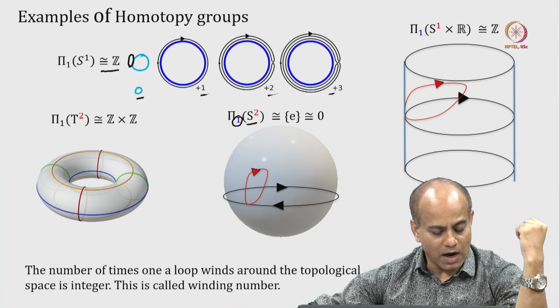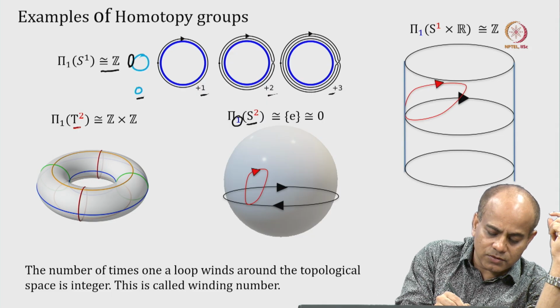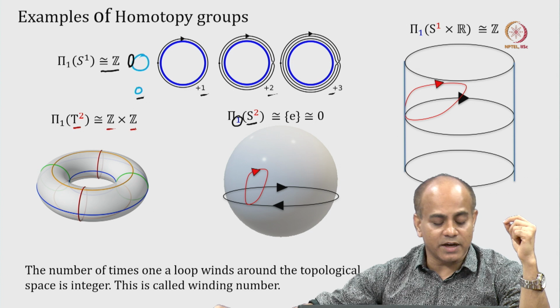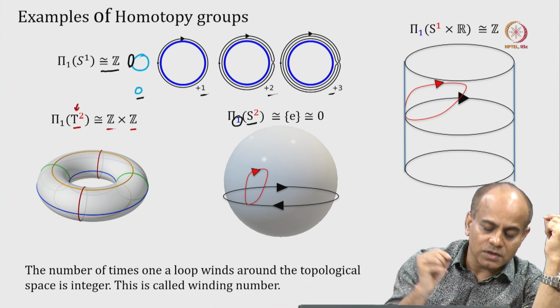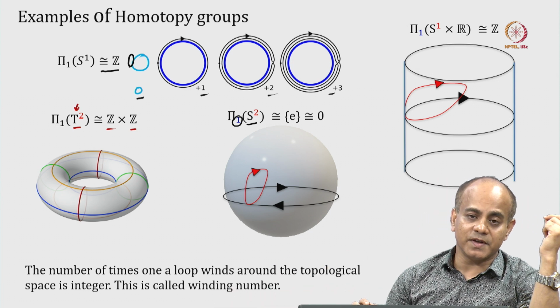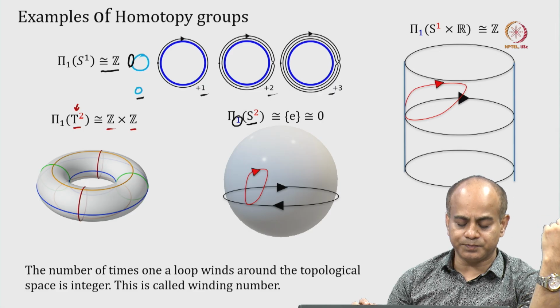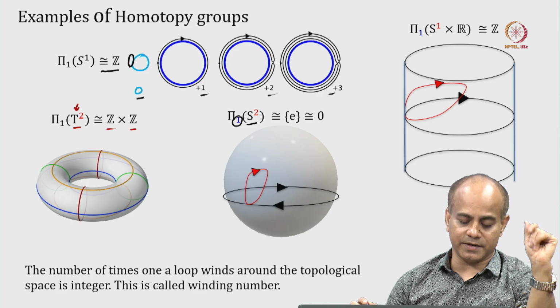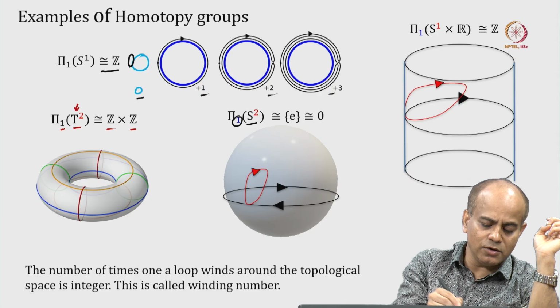Whereas if I draw 1 loop on a torus, we got Z cross Z. So that means even on the same topological surface, you can have multiple topological invariants, and that is completely fine.